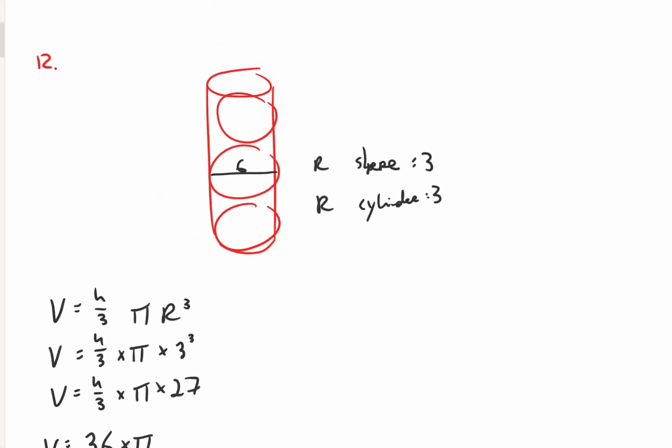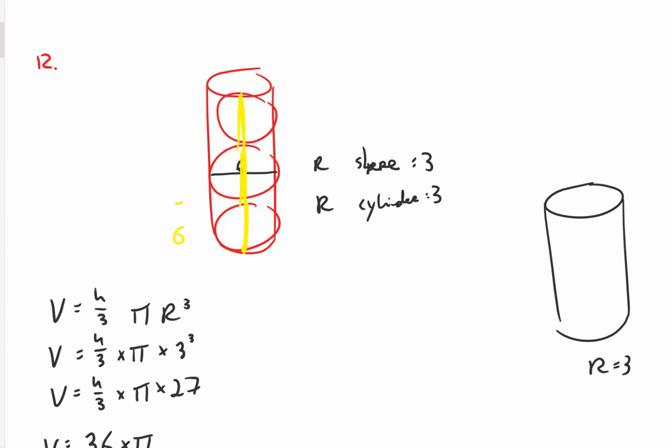We'll do the same for the cylinder. Let's draw the cylinder here. We know the radius is 3. Now what about the height? We know that the diameter of the sphere is 6. So that means from here to here is 6, and then here to here is 6, and then here to here is 6. So 6 plus 6 plus 6 is 18.